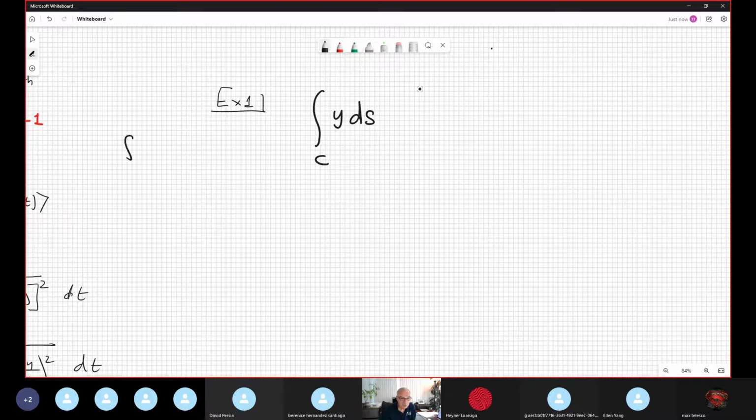So the integrand function is just y. I did that to simplify the thing. So what extra information do I need? Well, I need who is C. C is given by the graph, or given by the equation, or both.